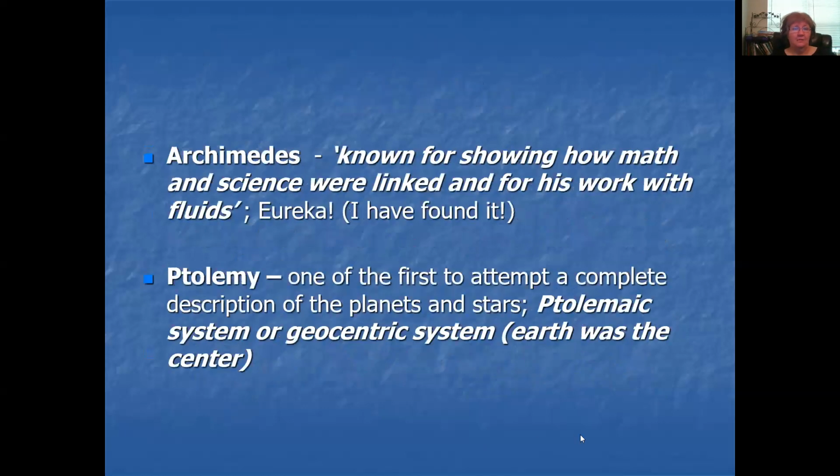Okay? Archimedes, you may have heard of him before. He's the one that ran down the street with no clothes on, yelling, Eureka, Eureka, which means I found it. He was known for showing how math and science could come together and work with fluids. He was trying to find whether or not the king's crown was really made of gold.